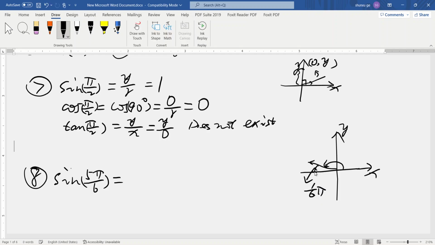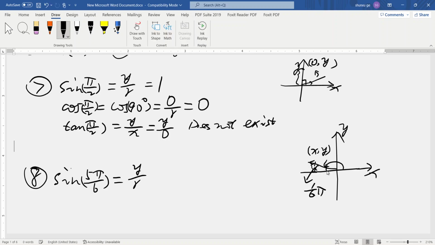This angle we call the reference angle. So we take any point here, x comma y. So we also calculate the same according to the definition: y divided by r. r is all the time positive.